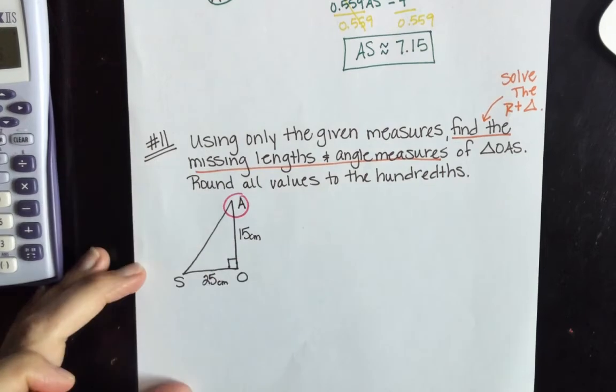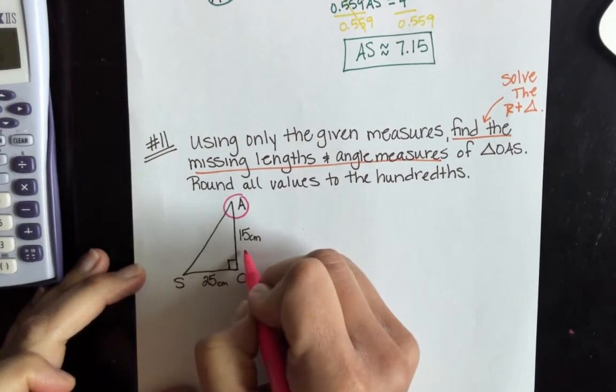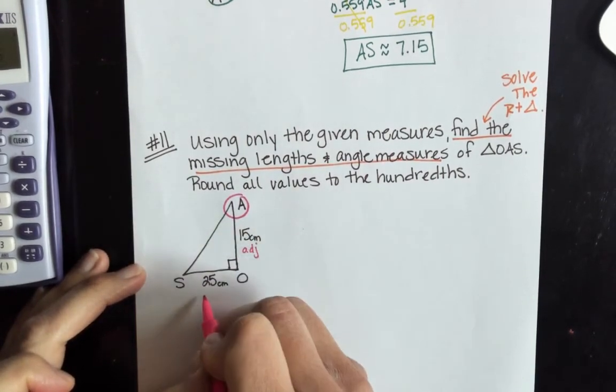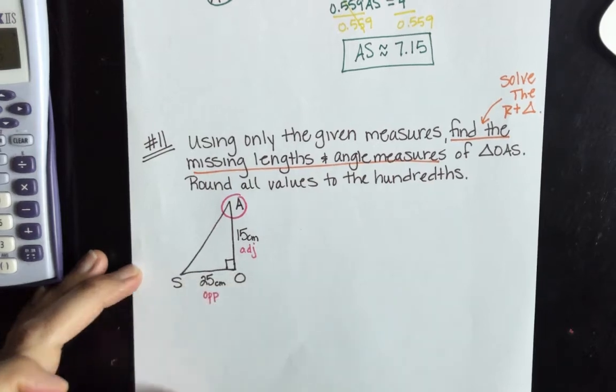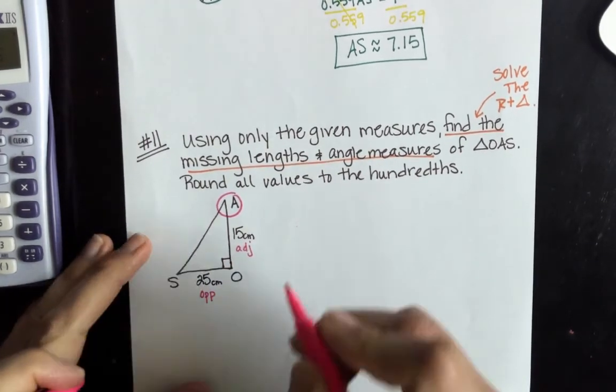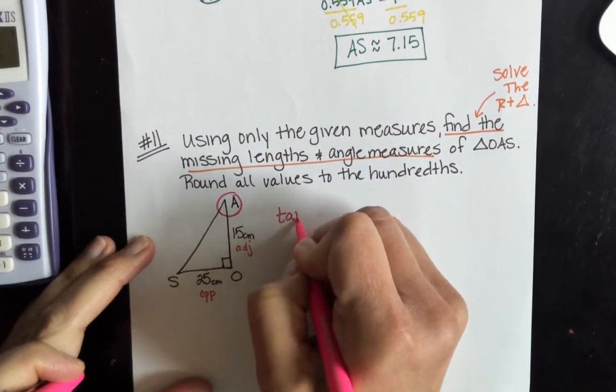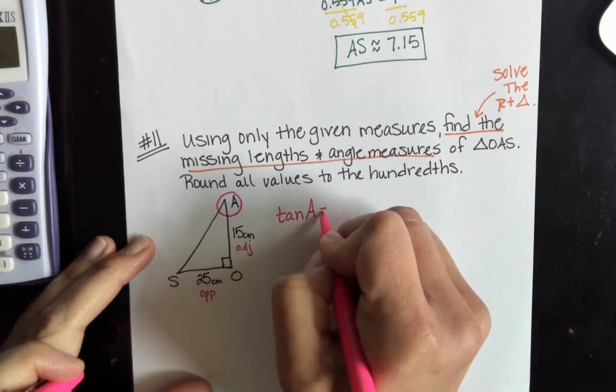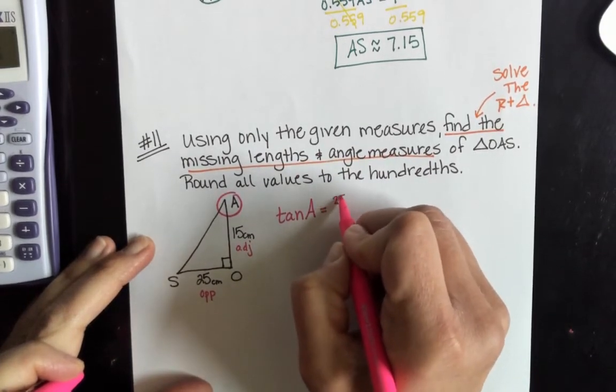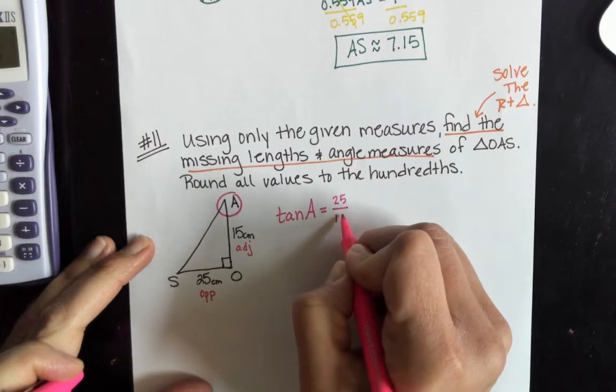I'll start with A, and we have our adjacent side and our opposite side, and that makes tangent. So tangent A is opposite over adjacent.